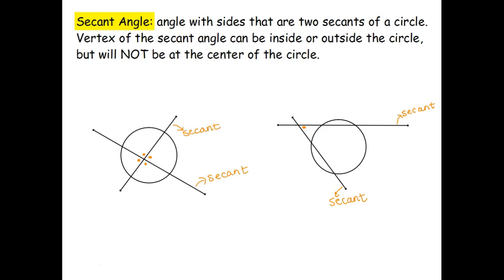So you can see where they intersect. The intersection of these two secants is outside. And this intersection point is inside.